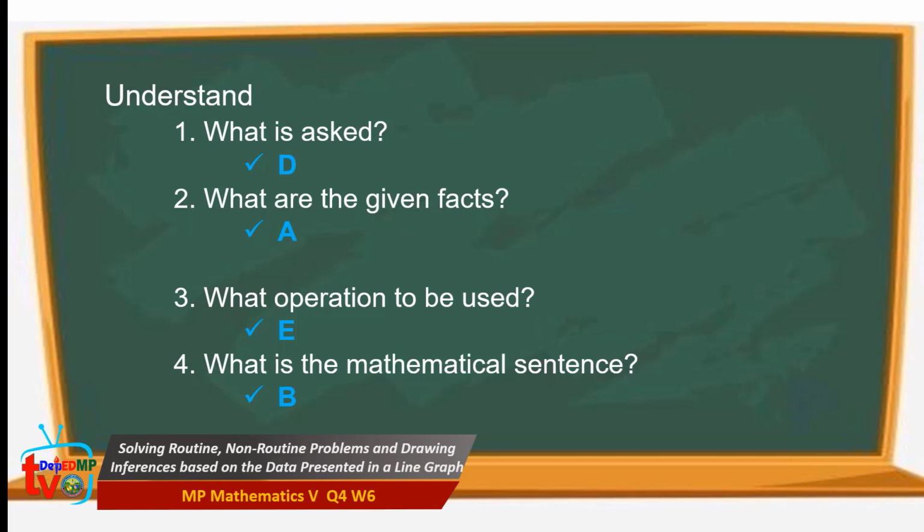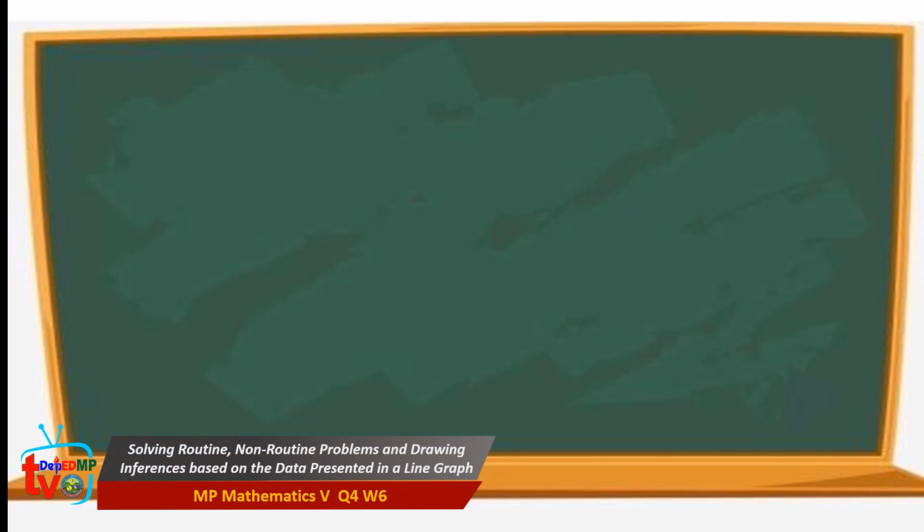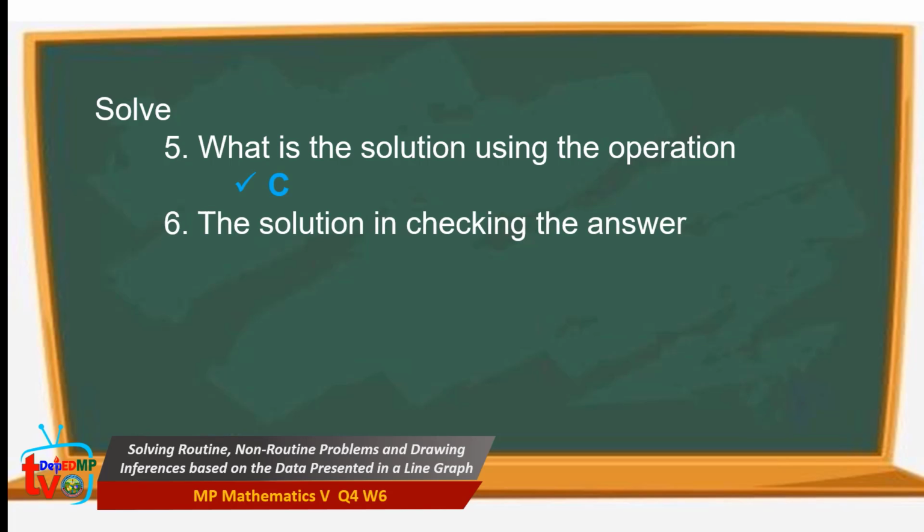Answer is B. The answer to the solution is letter C. And check if the answer is correct. Letter F. And the final answer is letter G.